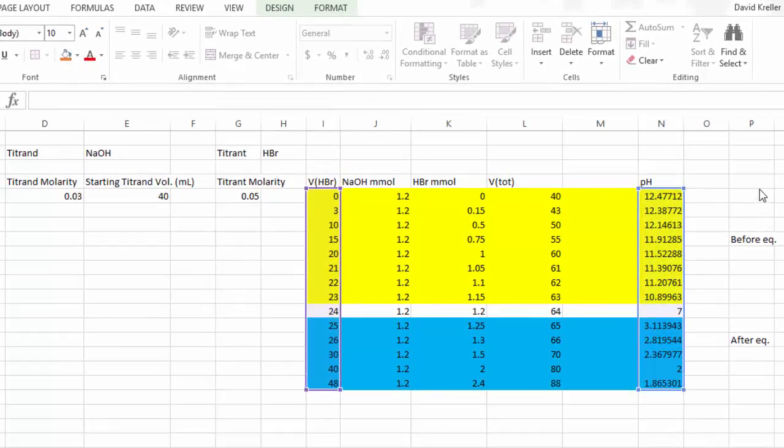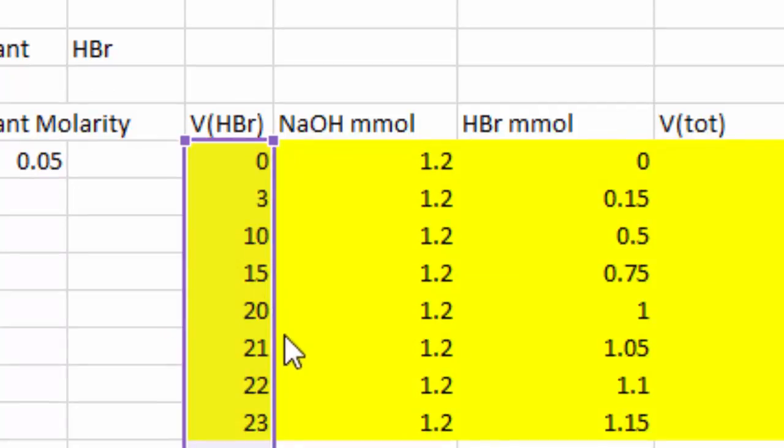I'm going to quickly jump over here to Microsoft Excel to show you a spreadsheet that I set up to help me do the calculations. You see the results of the calculations here, and I've color-coded these regions of this page of the spreadsheet: yellow for before the equivalence point and blue for after the equivalence point. You see I've set up a variety of volumes of the HBr that have been added.